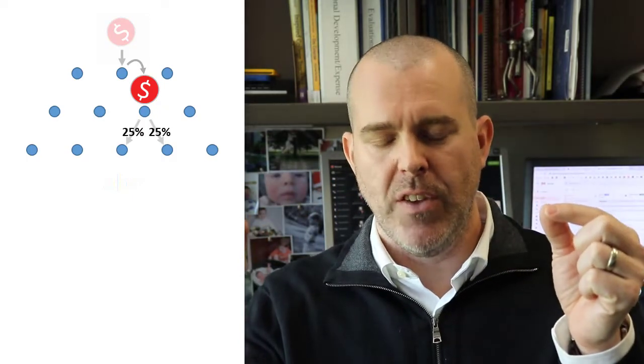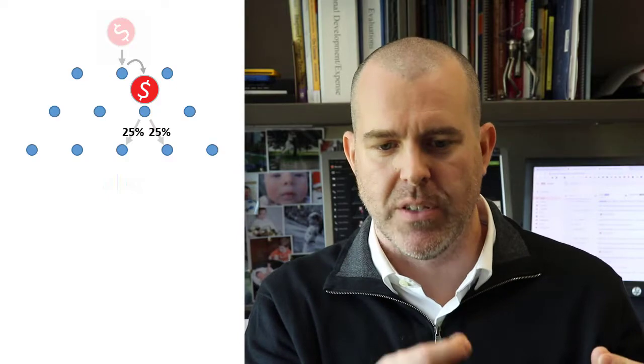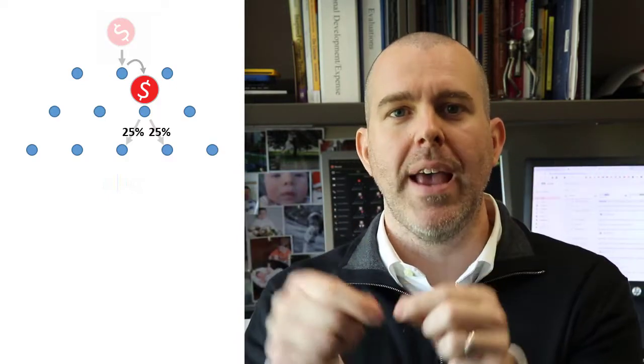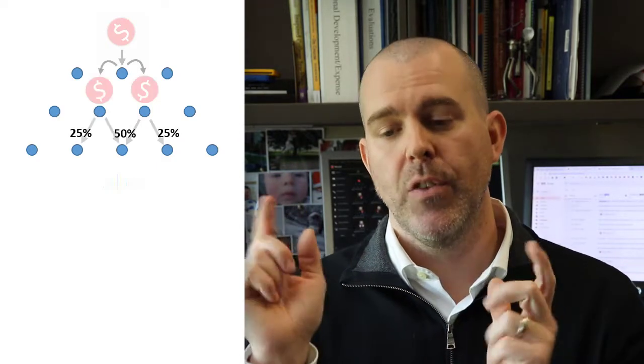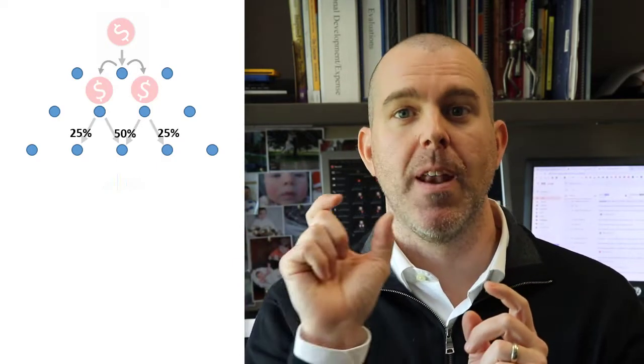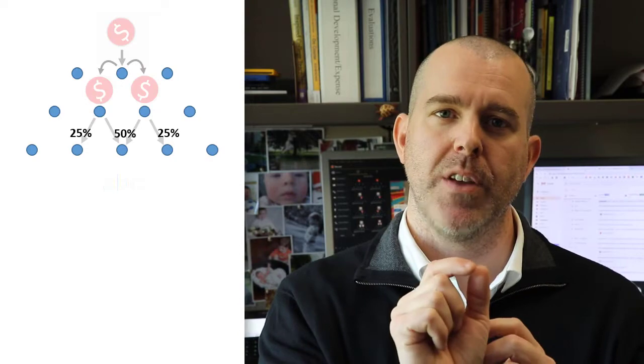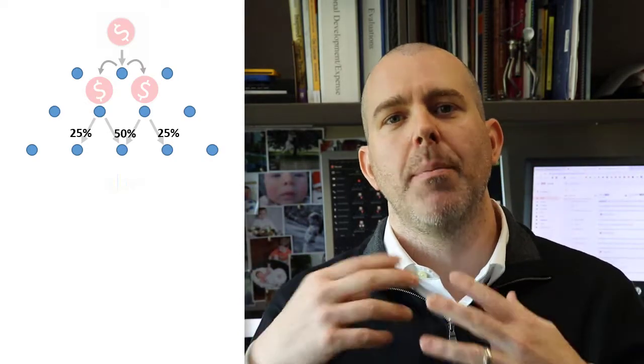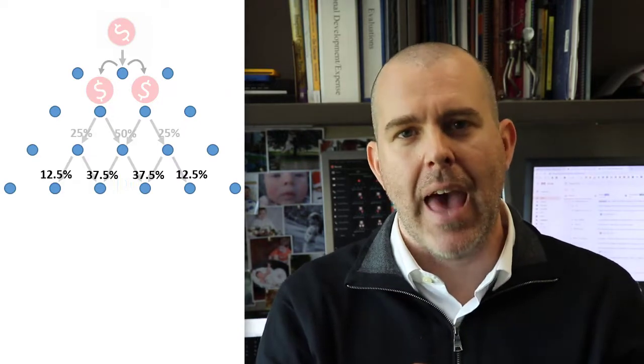If you take 50% of 50%, that's 25%, 25%. But in the middle, there's 2 ways it could go there. So if you look at that second round, it's 25%, 50%, 25%. As it goes down, this theory keeps following, and you keep splitting, adding in the middle.